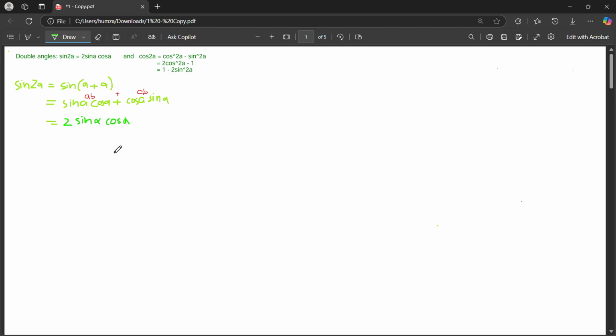So this is to prove or to understand why we are saying that double angle sin 2a is equal to 2 sin a cos a.